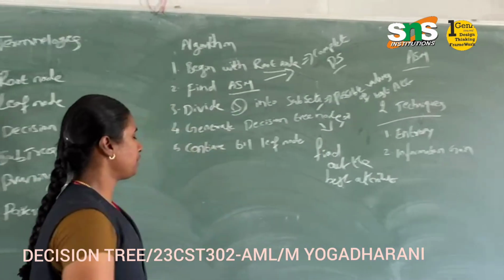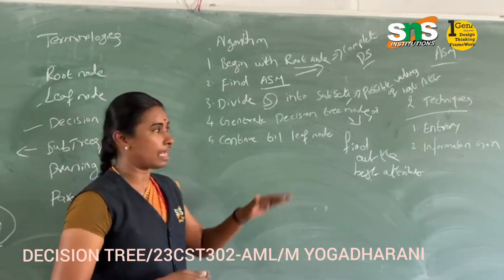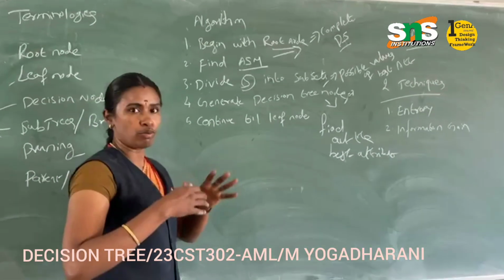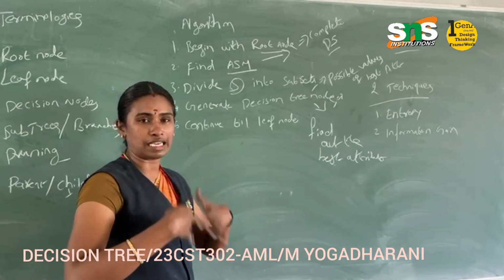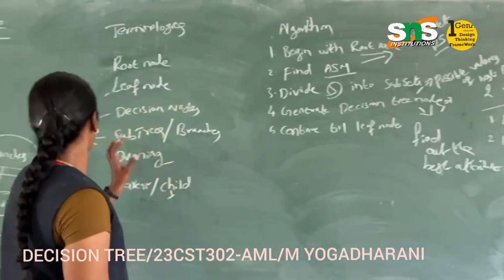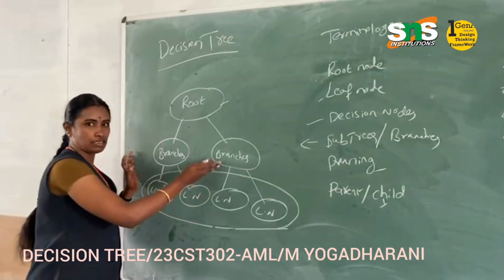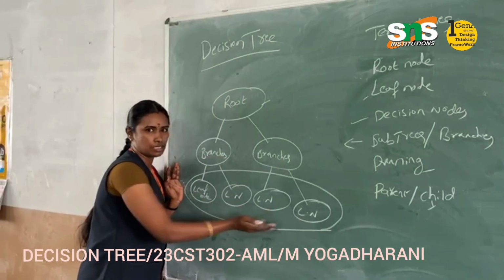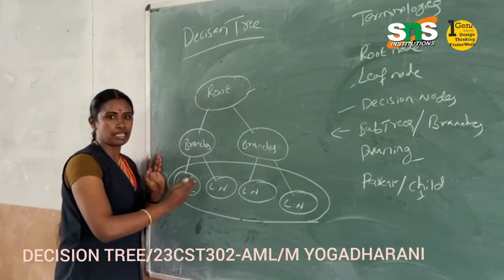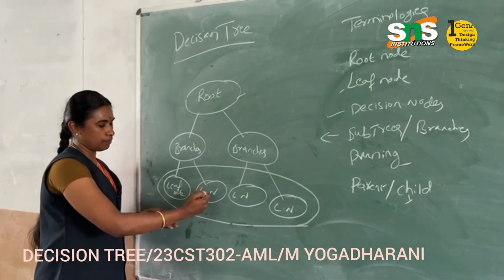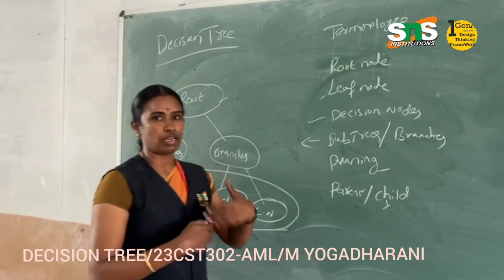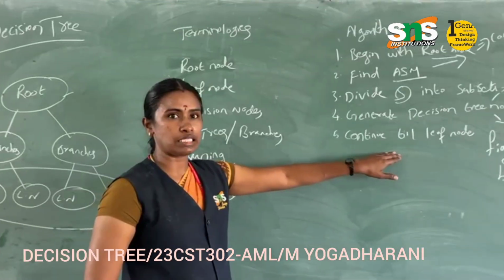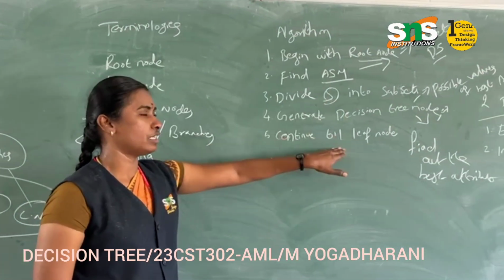And the last step: we continue the process until we reach a leaf node, where there is no further classification. See here, root node, then branches. These are the last step, where there is no other segregation and no other subtrees take place. Until the last level, we continue the process from the third step to the fifth step.